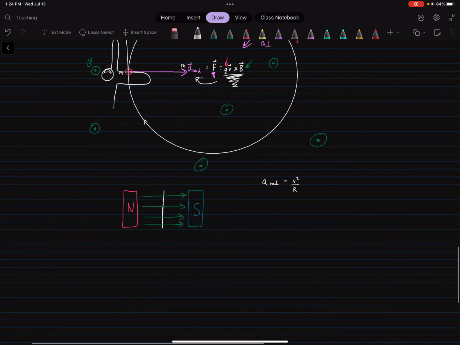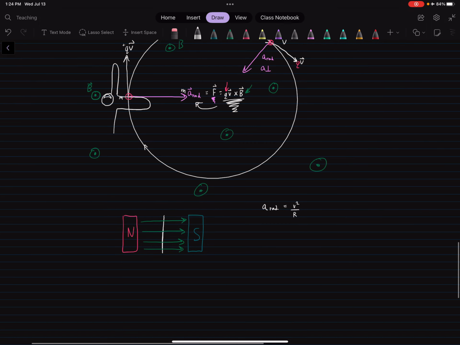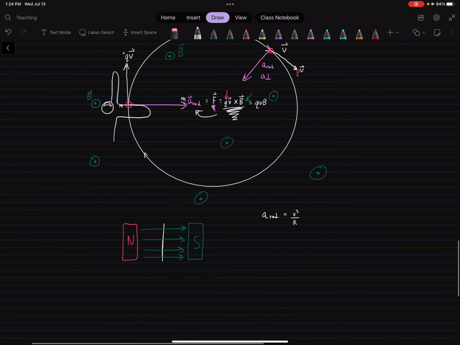And so if we have this situation where the force is equal to qv cross B, and this is exactly 90 degrees, you can then say that this is qvB, right? So sine of the angle between them, and that angle is 90 degrees. Sine of 90 is 1, and so you just get this full product of qvB. It's not diminished in any way because of the angle. It's full blast.